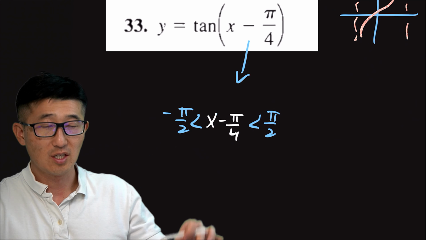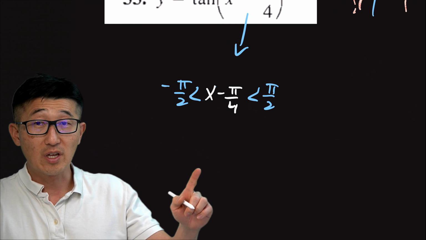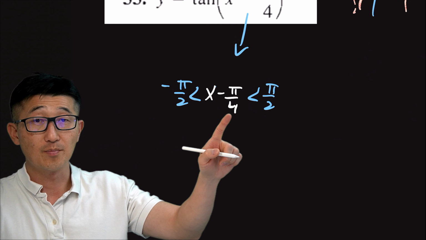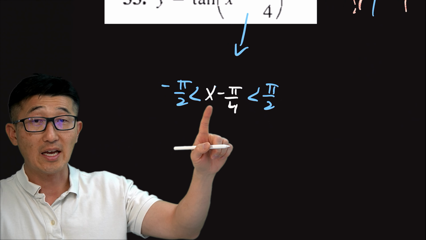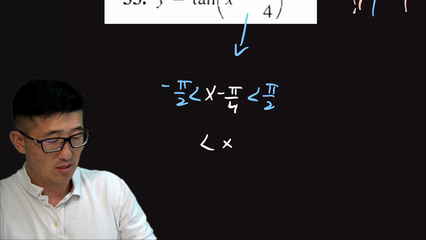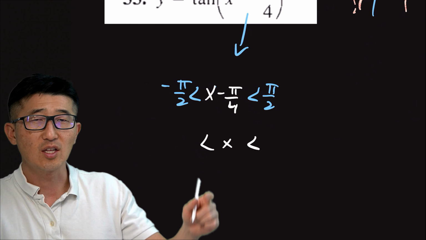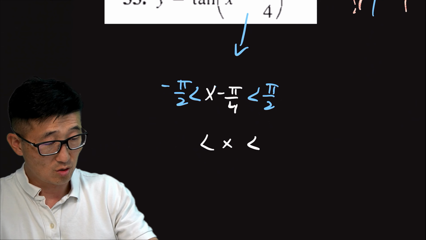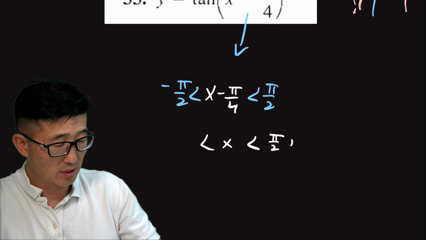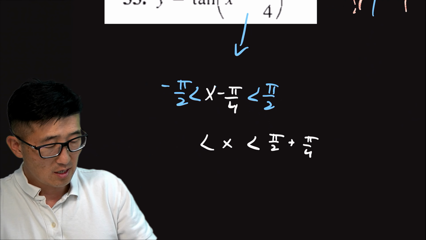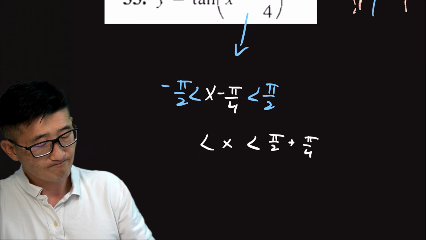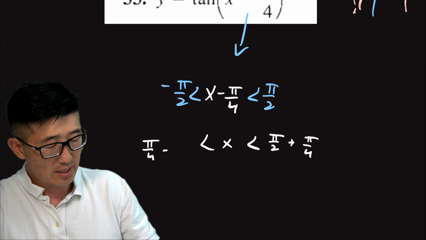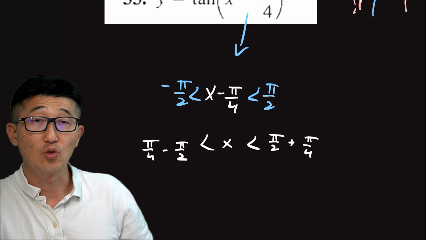Okay, so watch. All you have to do now is remove pi over 4, so the x can be by itself in the middle like this. To do that, you have to add pi over 4 to both sides, right? So it'll be pi over 2 plus pi over 4 on the right, and pi over 4 minus pi over 2 on the left.